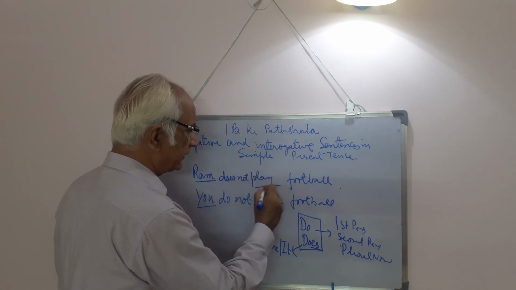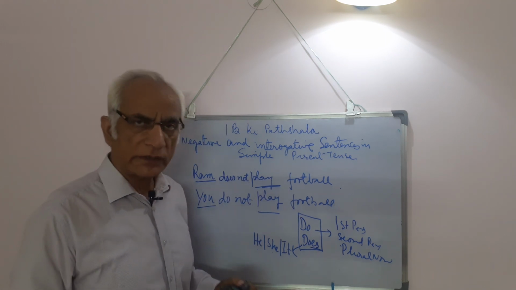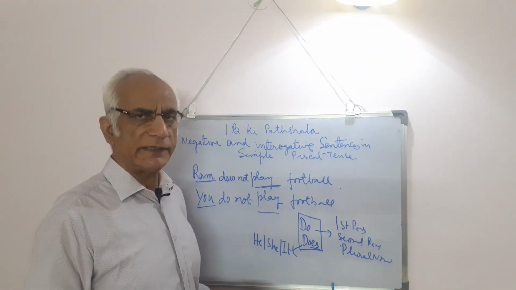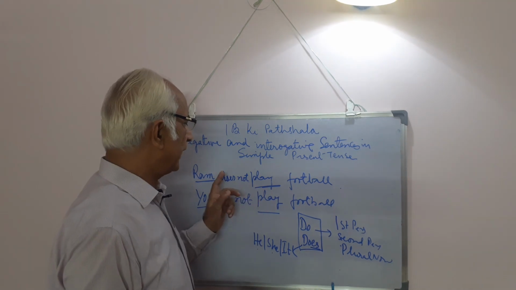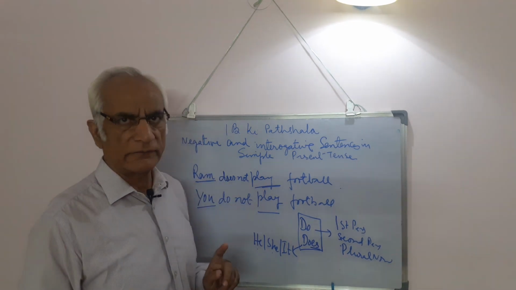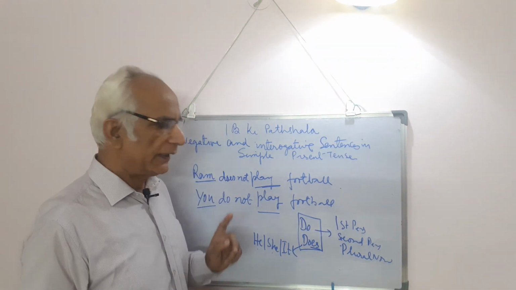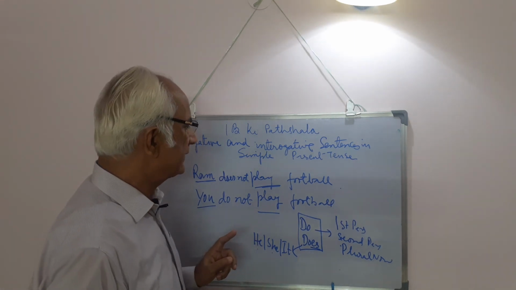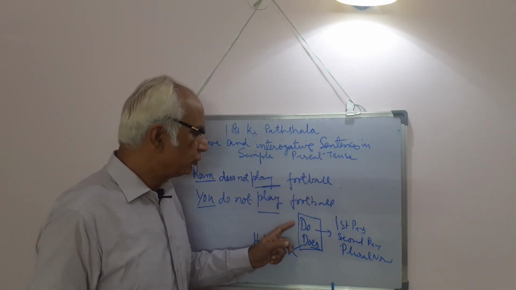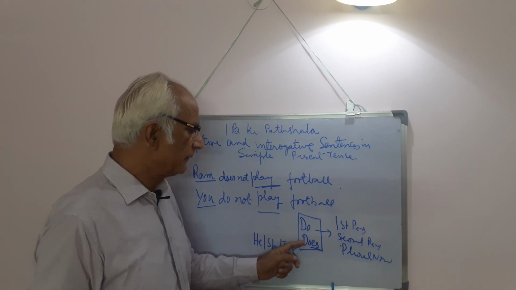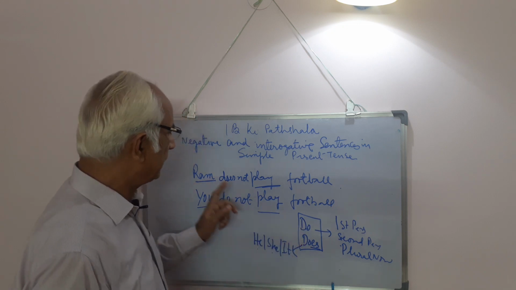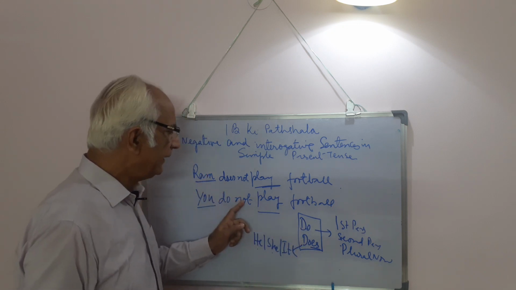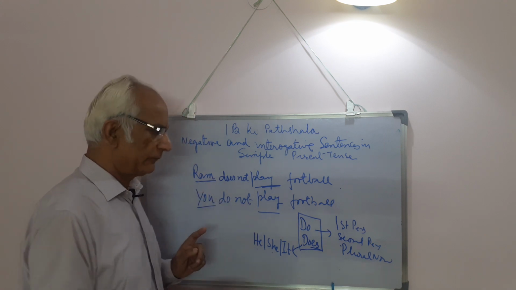This is a very important thing. You will not add s or es with the verb when you are writing a negative sentence. So anytime you have to write a negative sentence in simple present tense, you have to use the helping verb do or does, and this do and does will come after the subject, and then the word not will come.